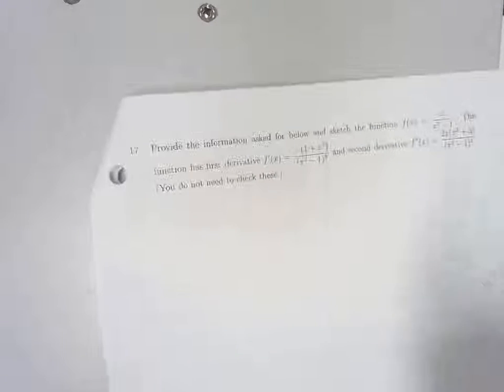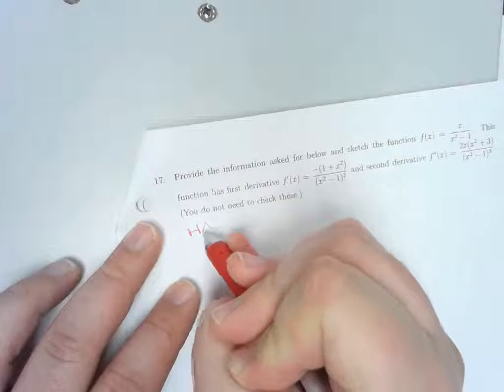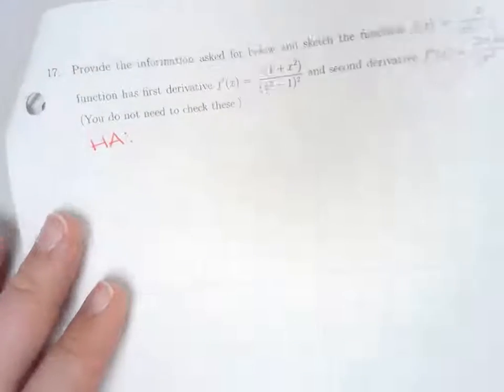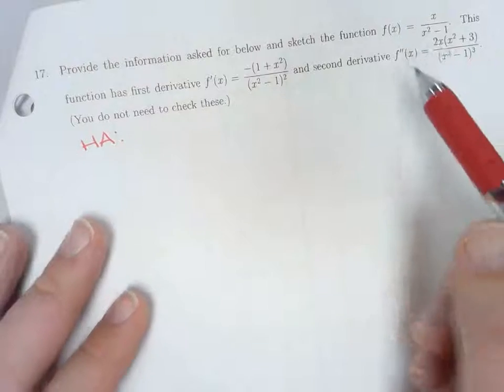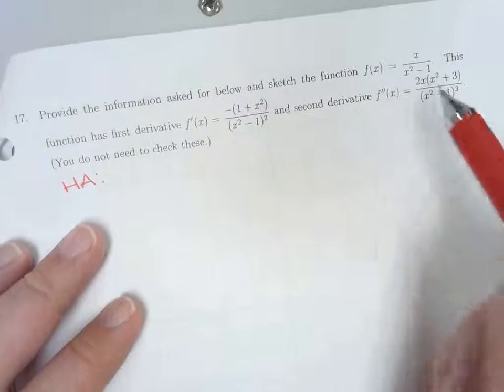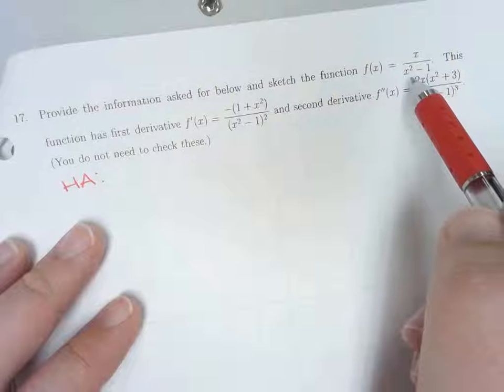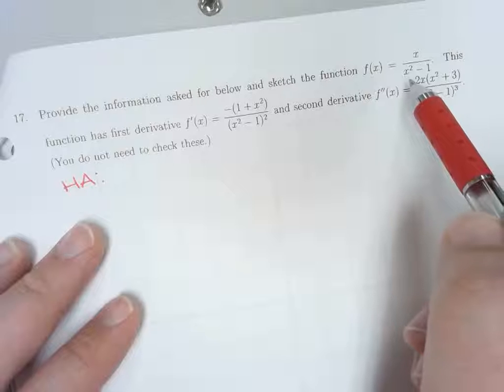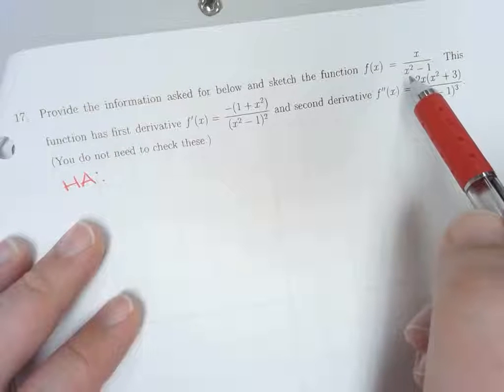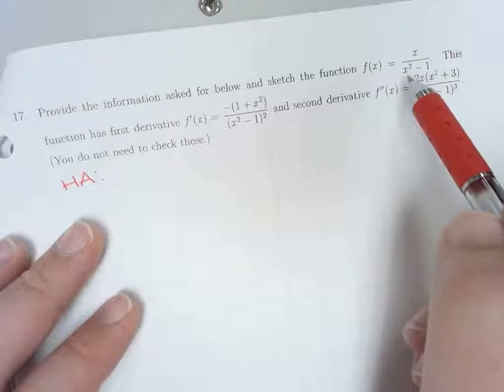So the first one is the horizontal asymptotes. We are looking at the original function. Vertical asymptote, you look at where the bottom is undefined, so that would be 1.